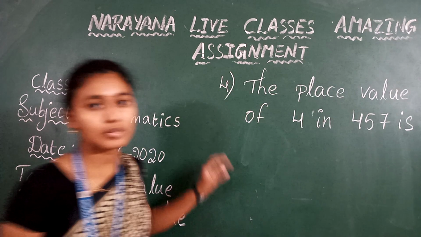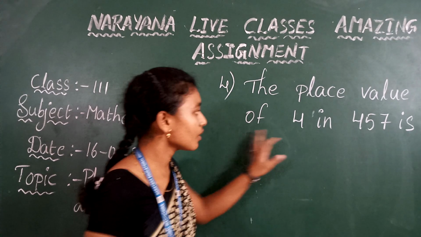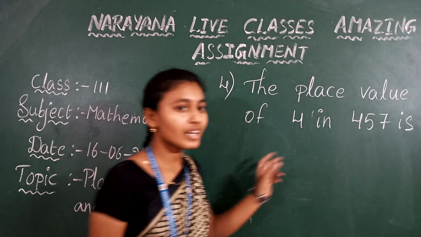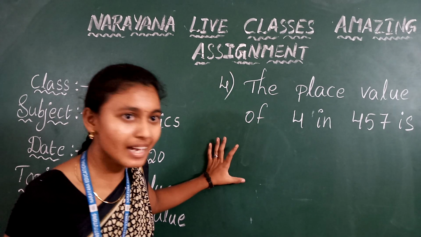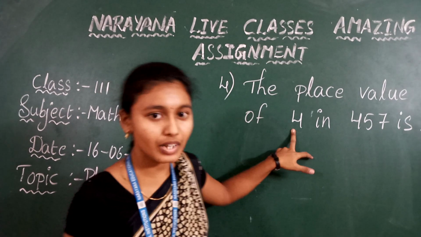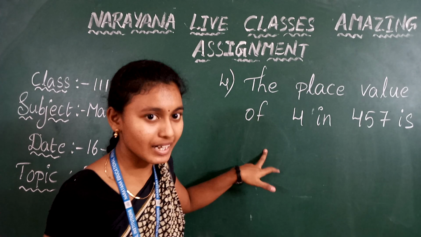This is the fourth blank, right? So the place value of 4 in 457 is dash. So what was our first blank? The face value of 5 in 457. That is the first blank.